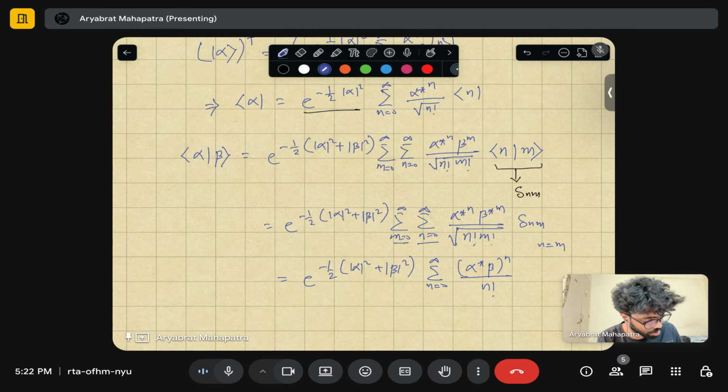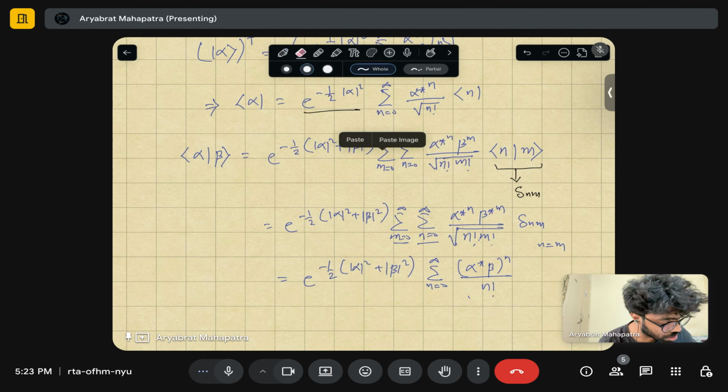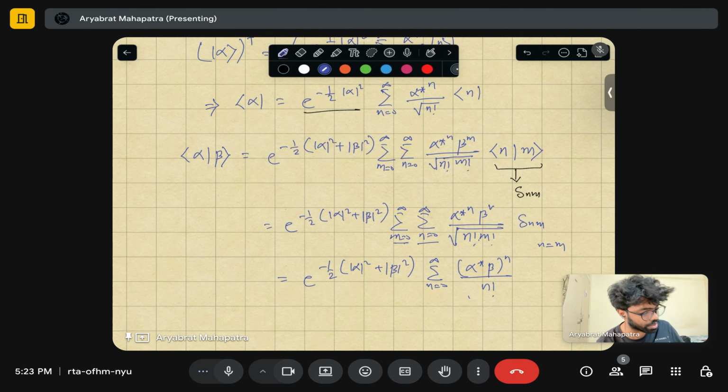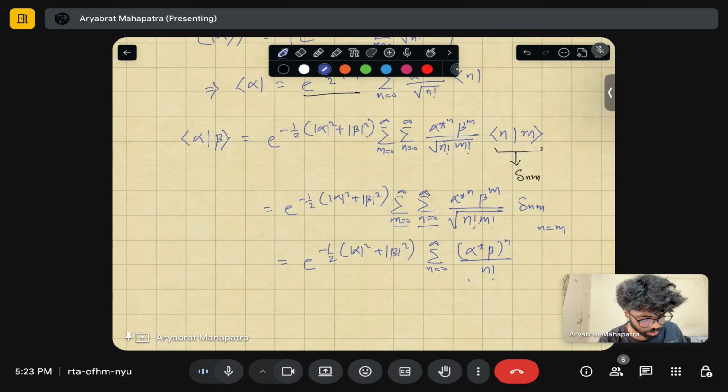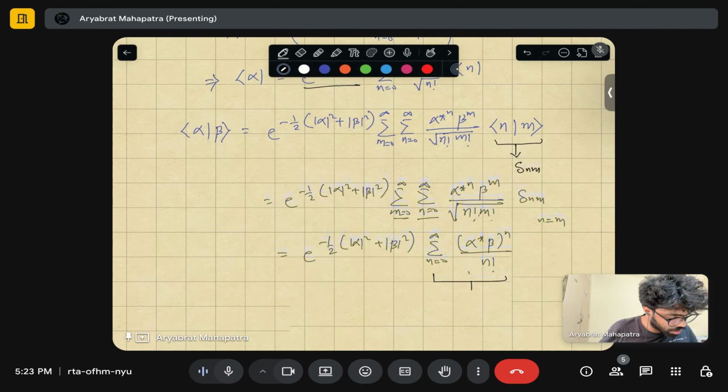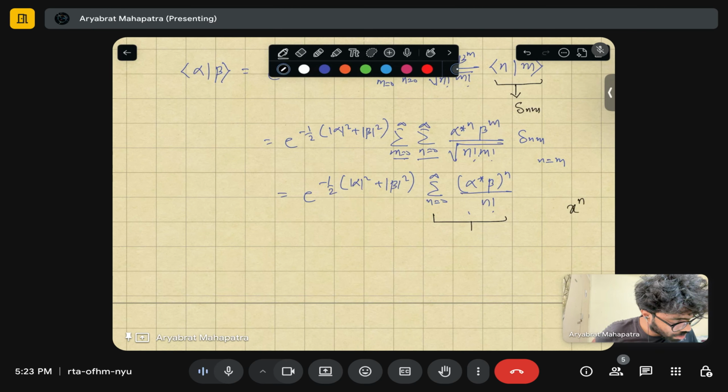If n equals m, then n factorial times n factorial is n factorial square, and the square root of that is n factorial, so in the denominator you have n factorial. In the same way, in the numerator the powers become the same for alpha star and beta, so it is alpha star and beta, not beta star. Now the thing written here is basically of the form x to the power n over n factorial, summed from n equals 0 to infinity.